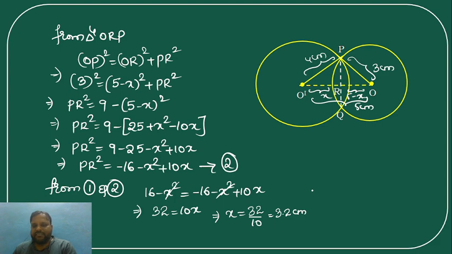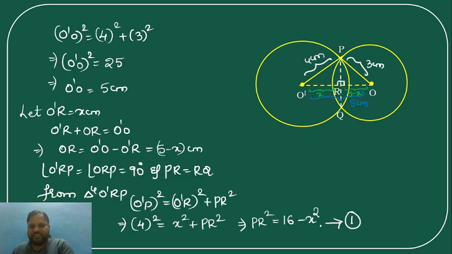Now, after this, we got the X value. What actually do we have to find out? I have to find out PR. If I find out PR, then RQ also will be the same. Then when I add both, I will get PQ. Right. So up to here we got it. Now next part, to get this PR part, substitute X in the first equation.